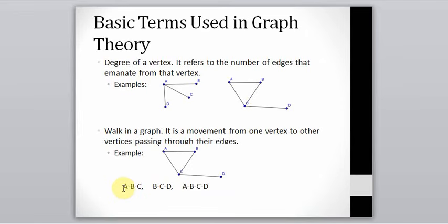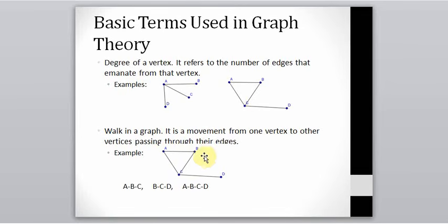A, B, C: it is a walk from A to B to C. There's a movement from vertex A to the other vertices passing through their edges. When you do a walk, make sure that there is an edge between the objects.